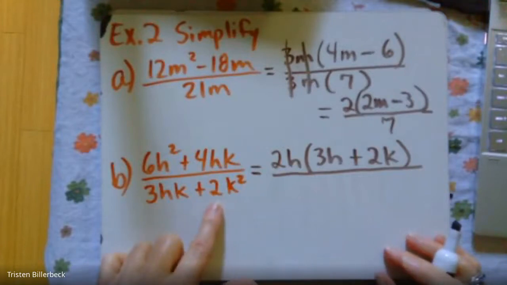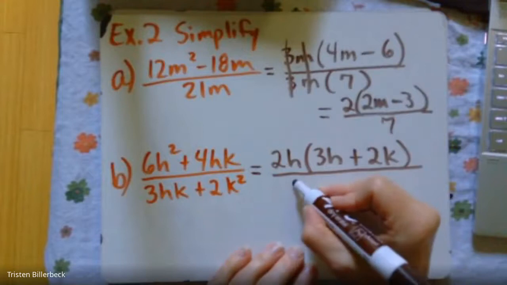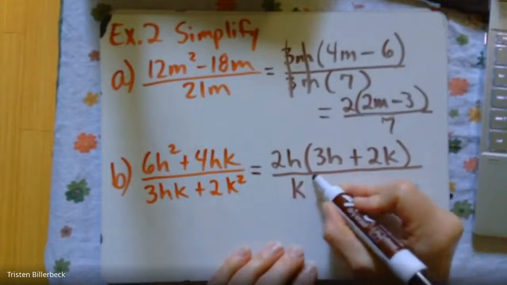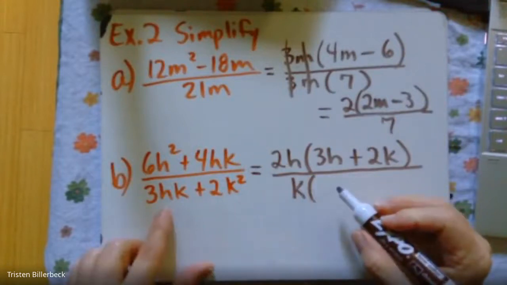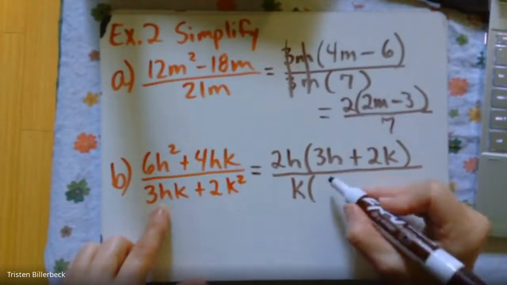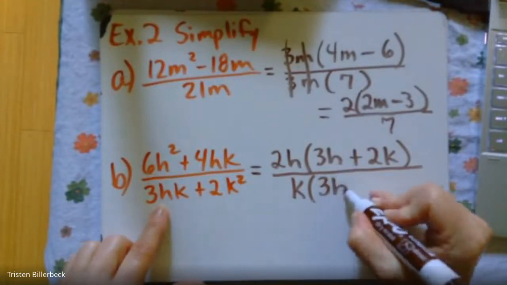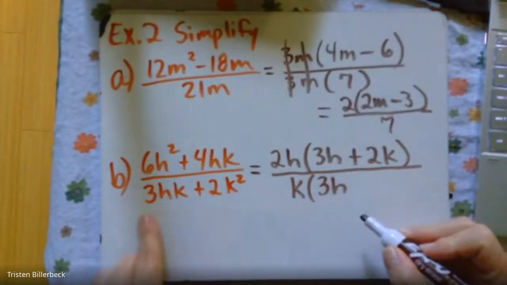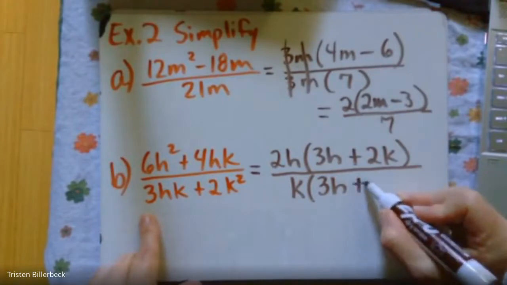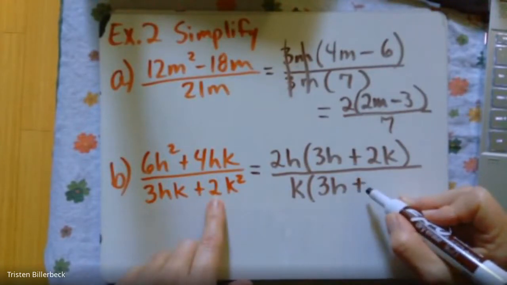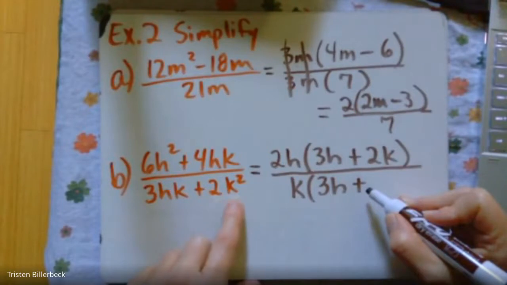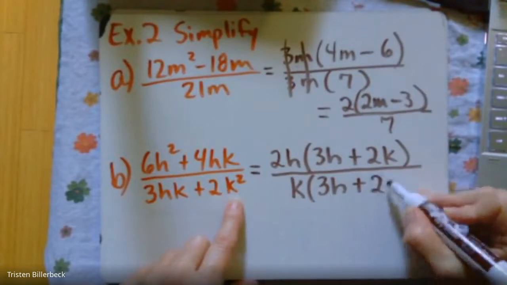Let's look at this. I see I have a k on the bottom, and that's it. So I'm going to pull out a k. If I just get rid of the k, I have 3h. So 3h times k is 3hk plus, and if I take a k out of this, I end up with 2k.